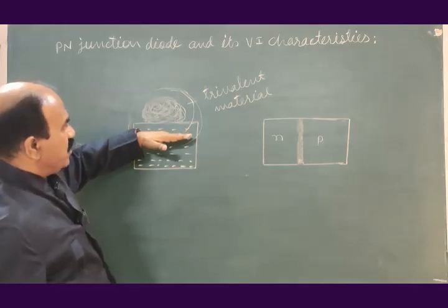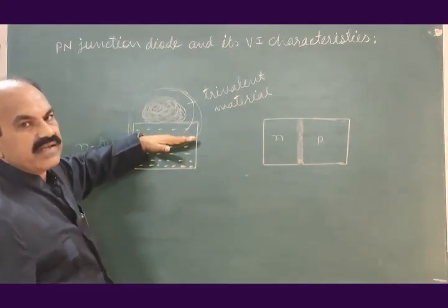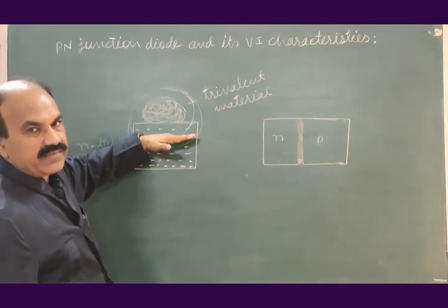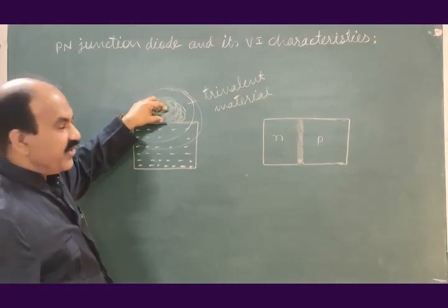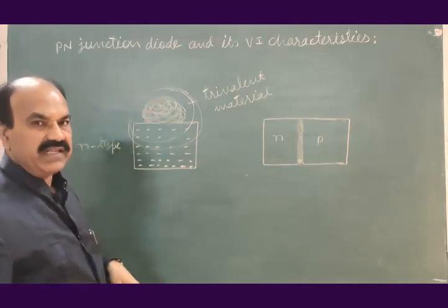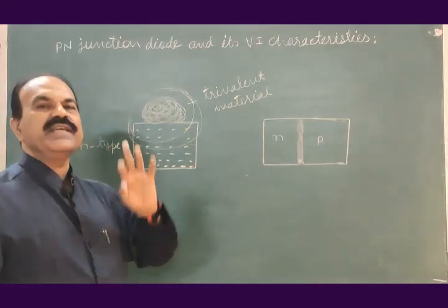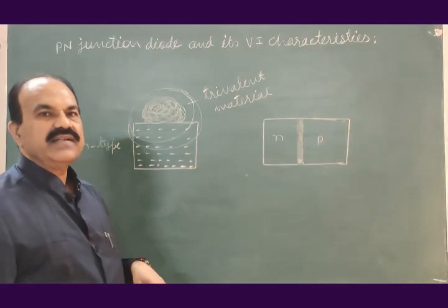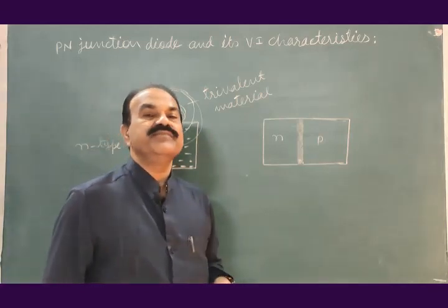The upper portion of this semiconductor will be in melted form, and so atoms of this trivalent impurity get diffused into this material and they adjust in the crystal structure of the semiconductor. As they get adjusted into the crystal of semiconductor, what will happen?